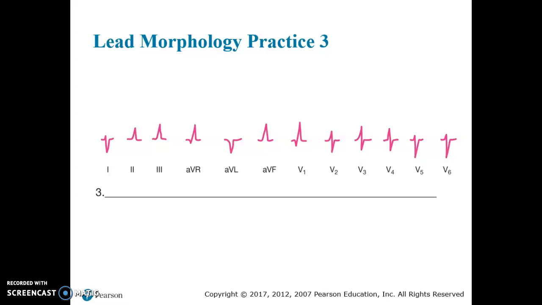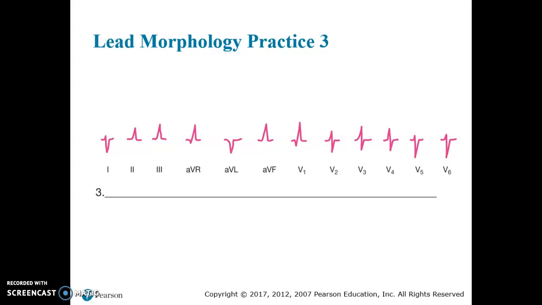Stepping it further, lead 1 here is negative, and it should be positive. Leads 2 and 3 are okay. AVR is positive, and it should always be negative. AVL is negative, and it should always be positive. AVF is okay.